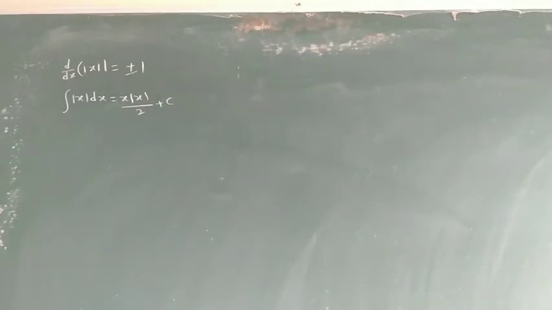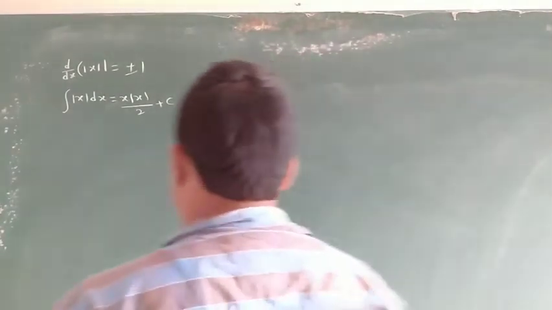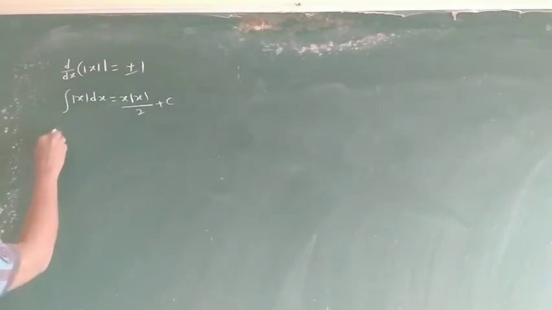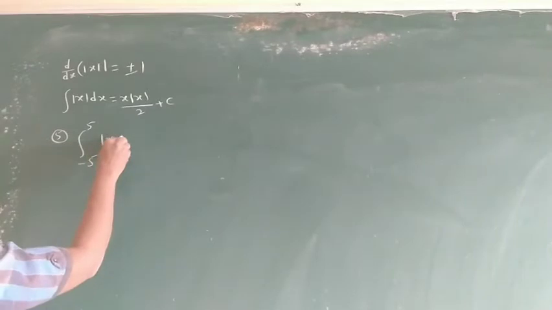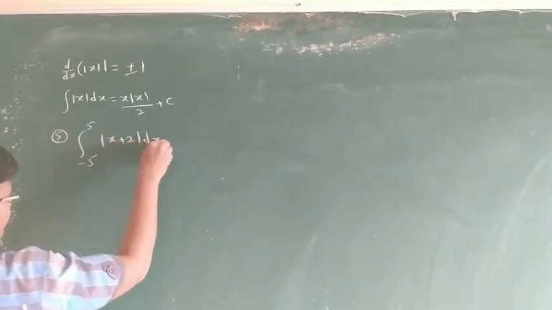Problem number 5: integral minus 5 to 5 mod of x plus 2 dx.